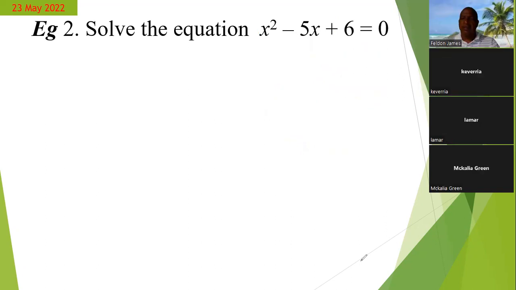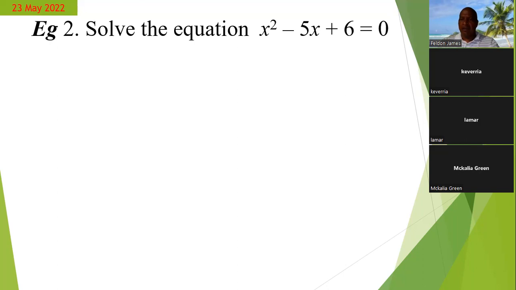Dorothy, what did you get? Sir, I get the same: x minus 3 equals 0 and x minus 2 equals 0. That's the conclusion statement. Yeah, but you remember that you're solving.